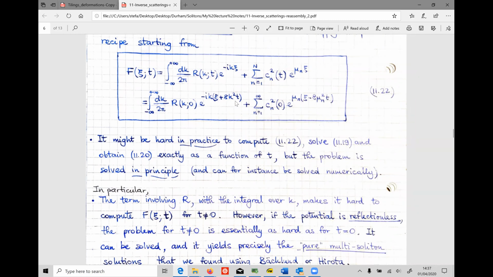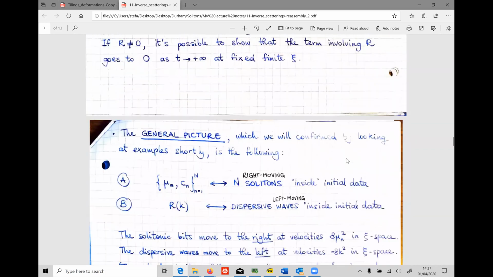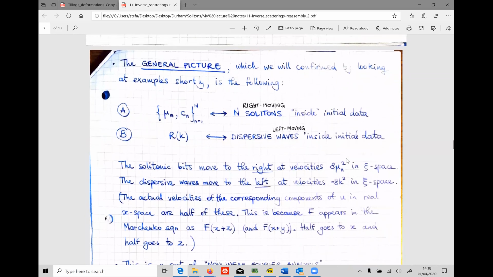And here again, psi minus the velocity times t, where the velocity in psi space is 8 mu squared for the discrete part of the spectrum, which corresponds to the pure solitons, whereas it corresponds to minus 8k squared for the continuous part of the spectrum, so corresponding to the dispersive waves which move to the left.